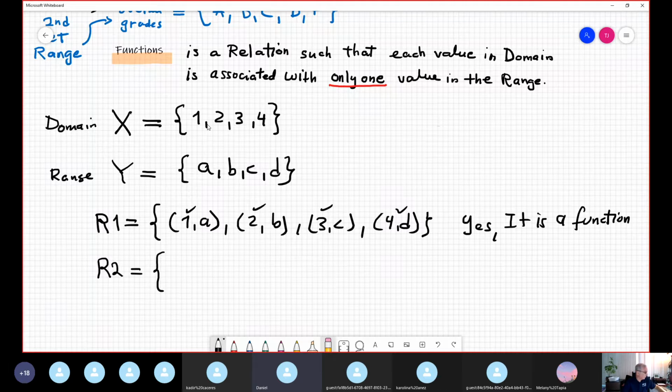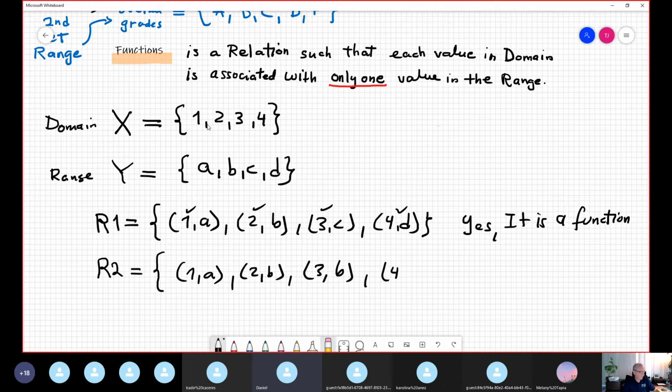Suppose this combination: 1, a; 2 comma b; separated by commas, of course; 3 and b, repetition of b here; and 4 and a. I don't know if it is or is not a function.